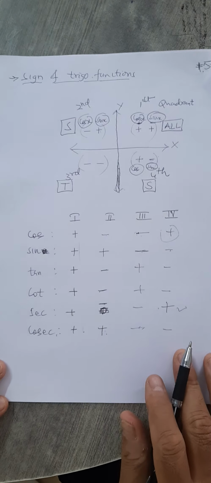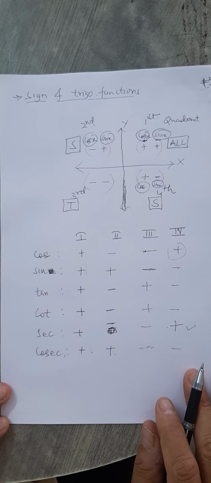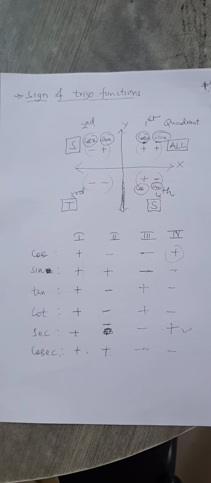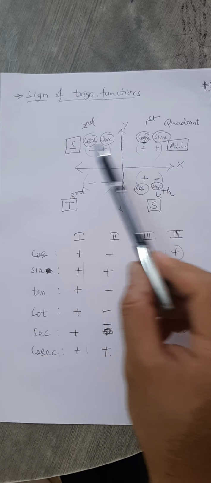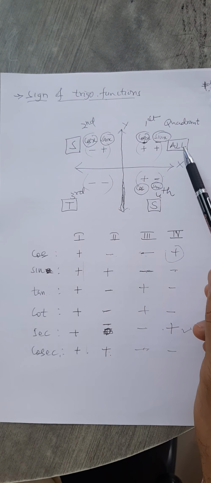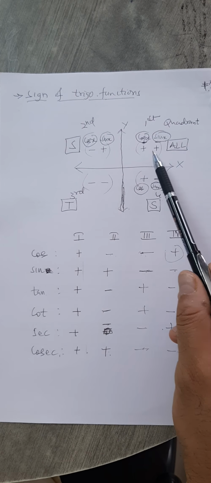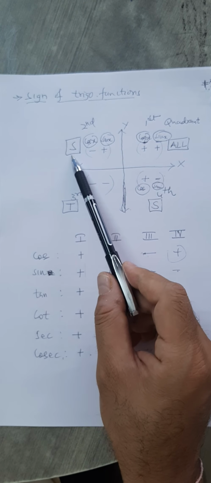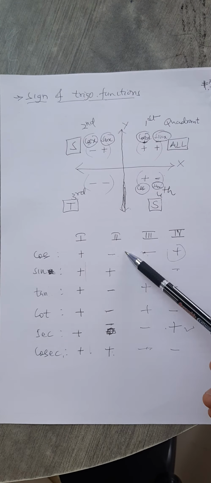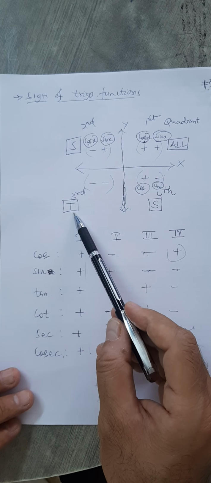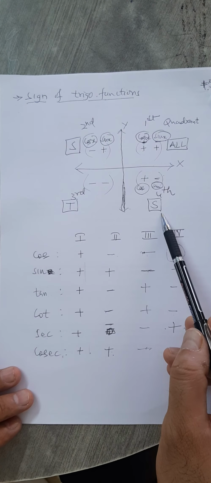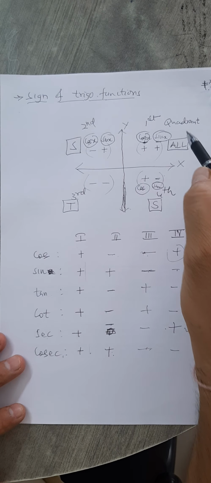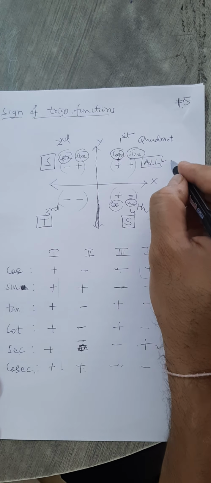This is the statement which we use frequently in trigonometric functions throughout 11th and 12th standard, even in physics also. All STC. All means all trigonometric functions are positive in the first quadrant. S means sine and cosec are positive, as I mentioned. T means tan and cot are positive. All trigo are positive.